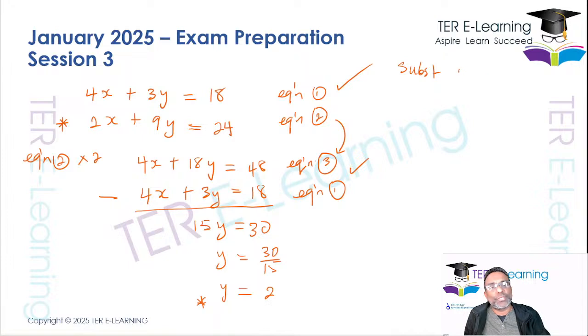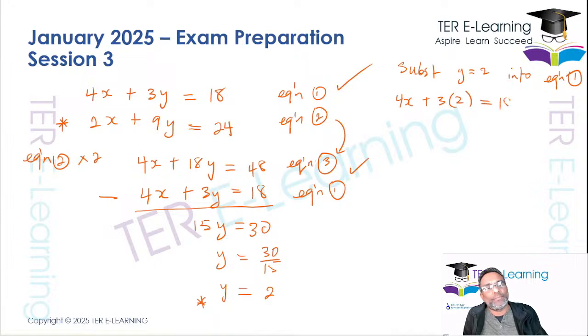So substitute y equal 2 into equation 1. So in this case, it's going to be 4x plus 3y, but you know y is equal to 2, so it's going to be this. 4x plus 3 by 2 is equal to 18. So this is 4x plus 6.